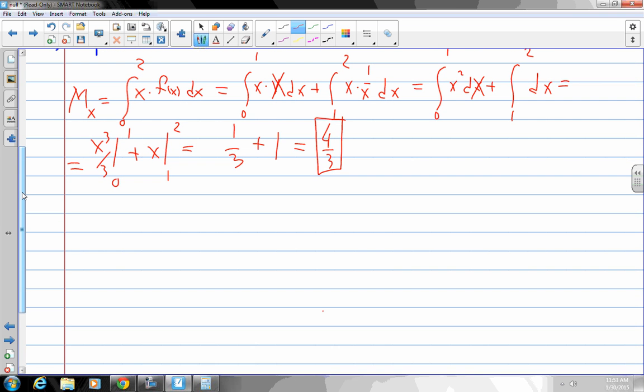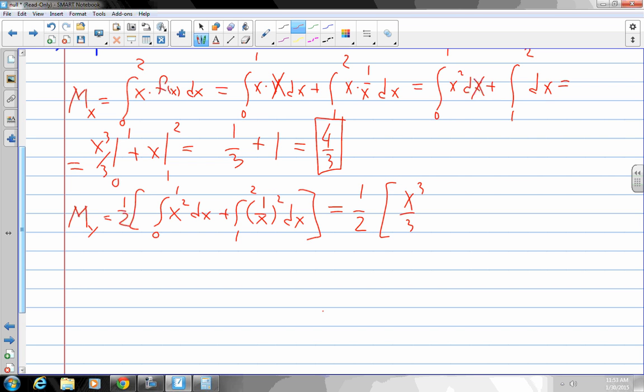So again, we'll have to split the integral on the other one. So that will be 1/2 integral from 0 to 1, the function squared, so that was just x squared, plus the integral from 1 to 2, the function squared, so it's 1 over x squared dx. So that's 1/2. X squared becomes x cubed over 3, evaluated from 0 to 1. And what is the antiderivative of 1 over x squared?